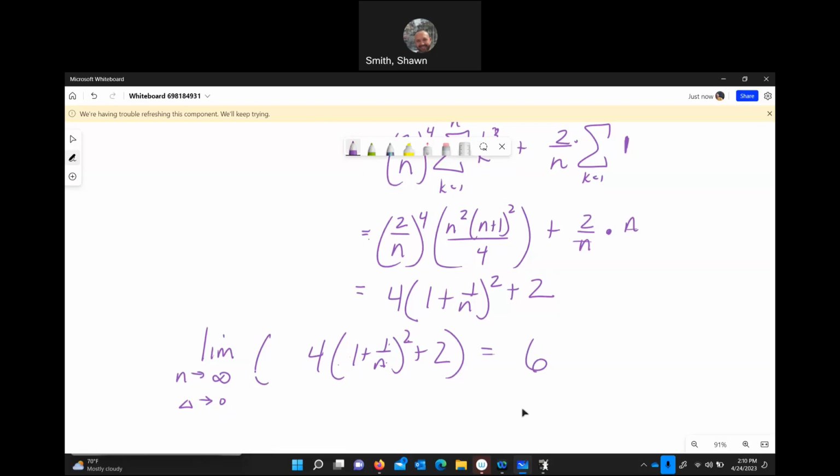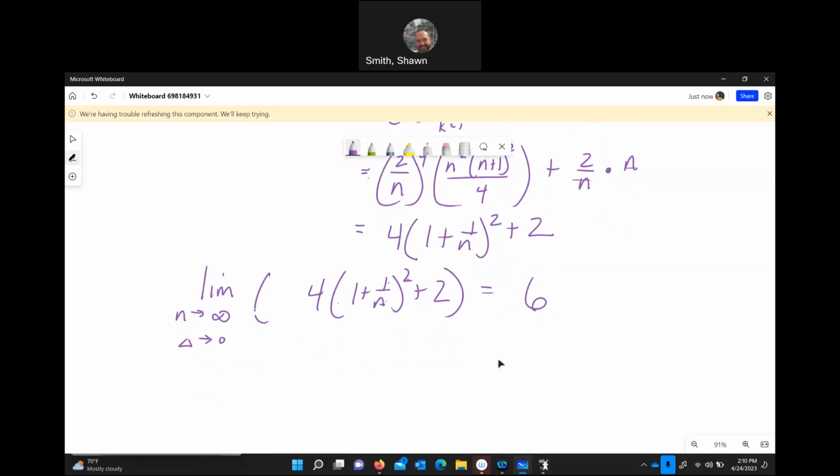So this is the same thing as doing the integral from 0 to 2 of x cubed plus 1 dx. That is equal to 6. That's your idea of a definite integral. Okay, so evaluating between bounds, the net area.